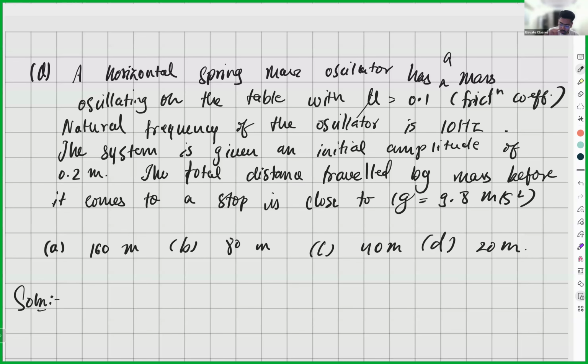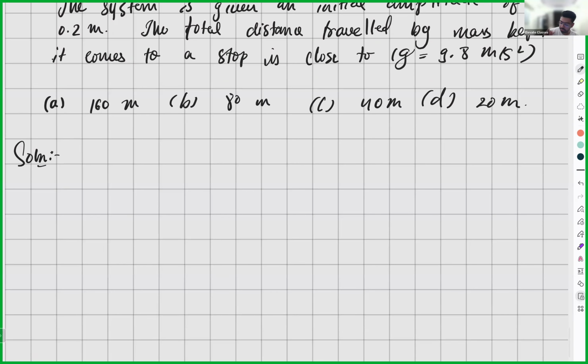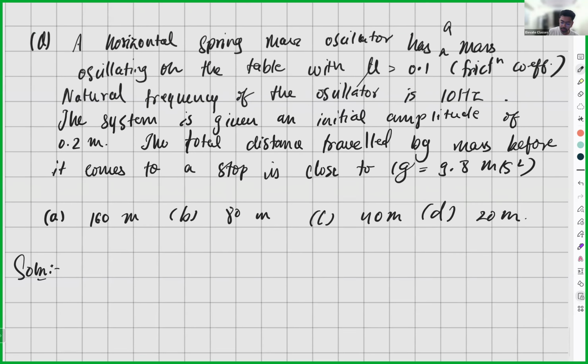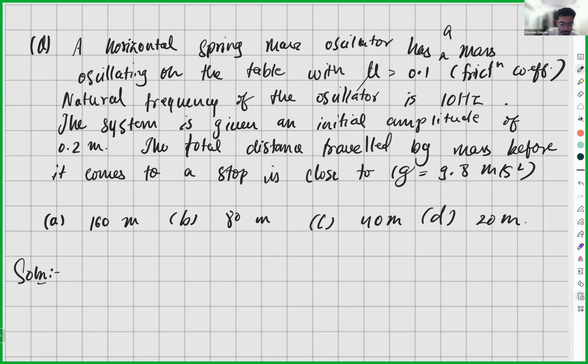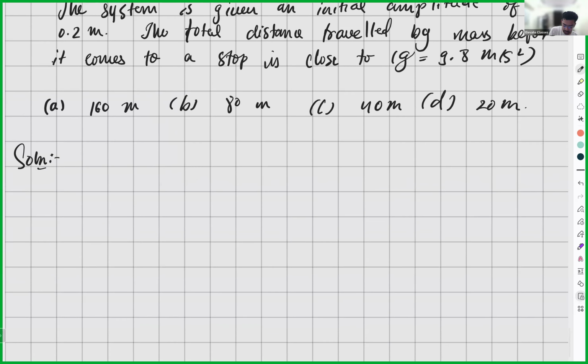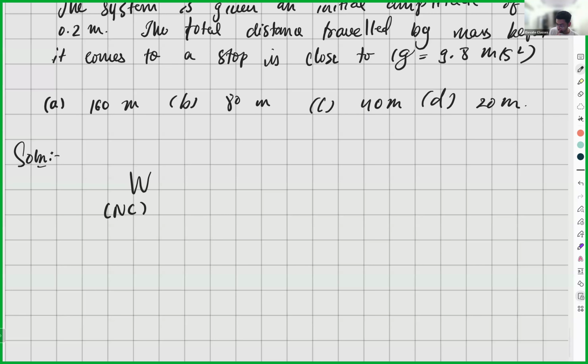If you have studied a little bit of the work, energy and power chapter, you will see that the work done by non-conservative or dissipative forces brings about a change in energy. So this will be E final minus E initial. This is a nice way to remember this expression.